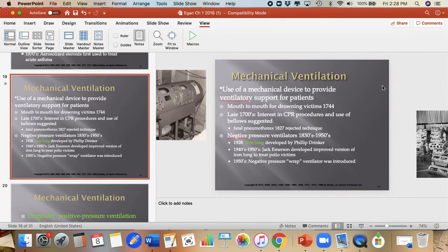Mechanical ventilation is probably the bigger part of respiratory therapy. It's the most intimidating part, especially for me right now, just this incredible idea that we can have machines that work for people's lungs. It blows my mind. Respiratory therapists have to know what makes mechanical ventilation work.